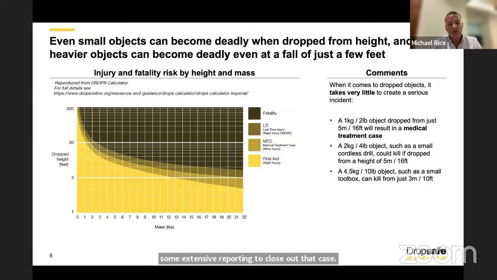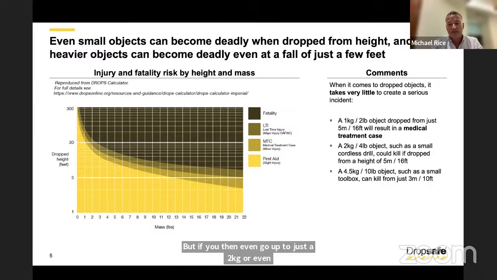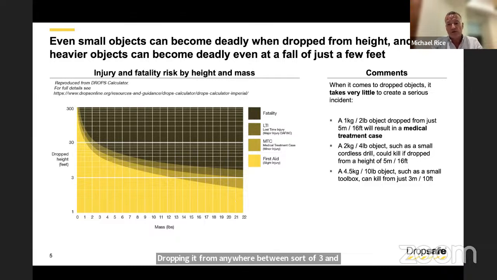But if you then go up to just a 2 kilogram or even a 4 kilogram weight, dropping it from anywhere between 3 and 5 meters, you're actually getting up to the sort of force at impact that could result in a fatality, especially if the individual is not wearing suitable PPE. So the main thing here is even small objects can become deadly when dropping from a fairly modest height.